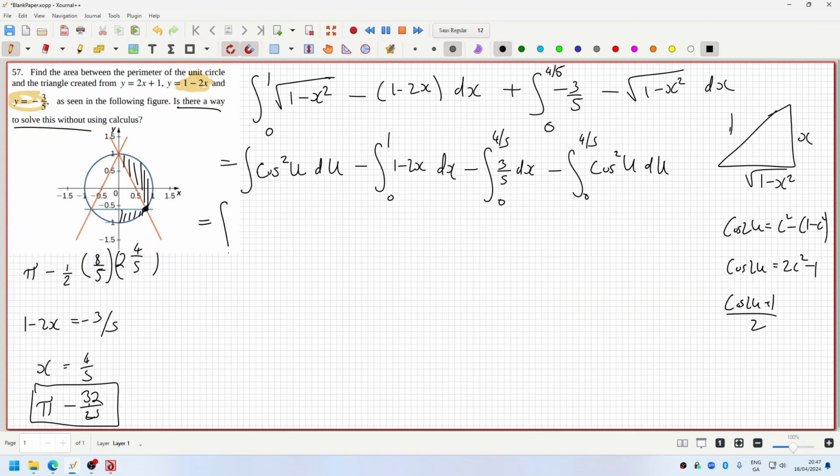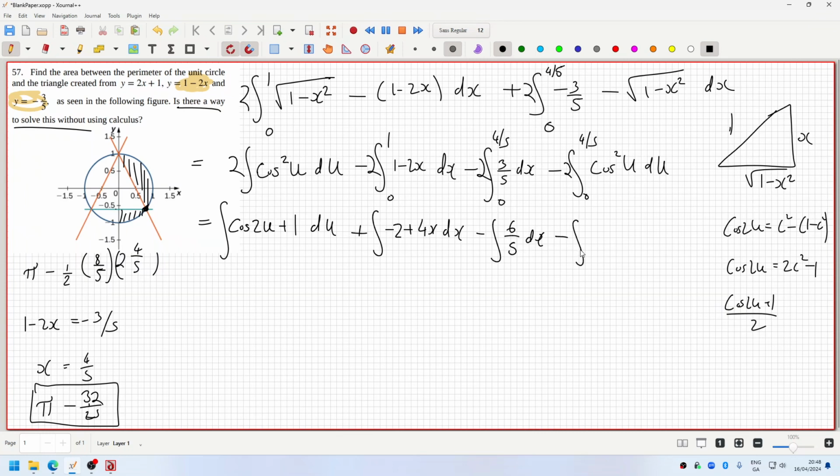So that will be, oh, we should multiply the answer by 2. So maybe I'll put 2 in now. So that will cancel the 2 here. So it'll be cos 2u plus 1 du minus the integration. Well, I'll put it as a plus, minus 2 plus 4x dx minus the integration of 6/5 dx minus the integration of cos 2u plus 1 du.